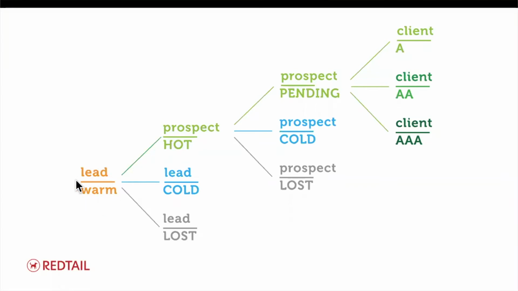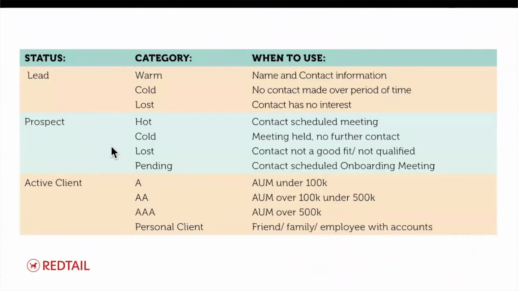Once I add them as a lead warm, they either move to a prospect hot, a cold lead, or a lost lead. If they move to a prospect hot, then from there, they can go to a prospect pending, prospect cold, or prospect lost. If they're on prospect pending, I have them scheduled for that meeting, because remember, my style guide shows if they're a prospect pending, we've scheduled their onboarding meeting.